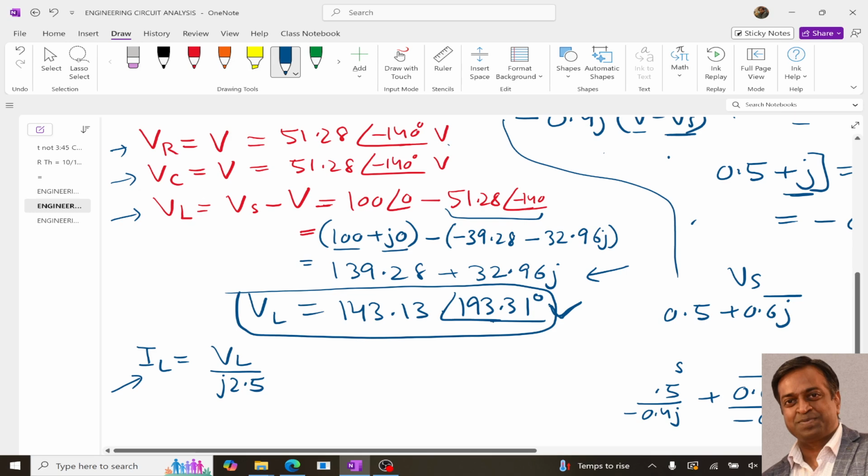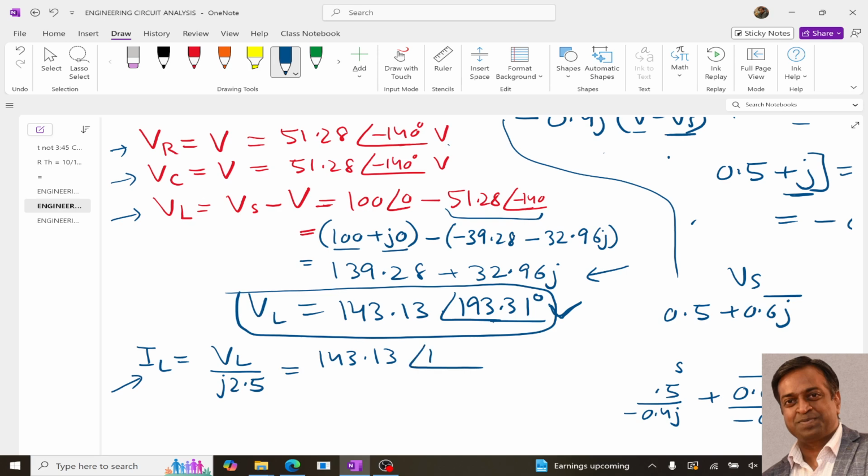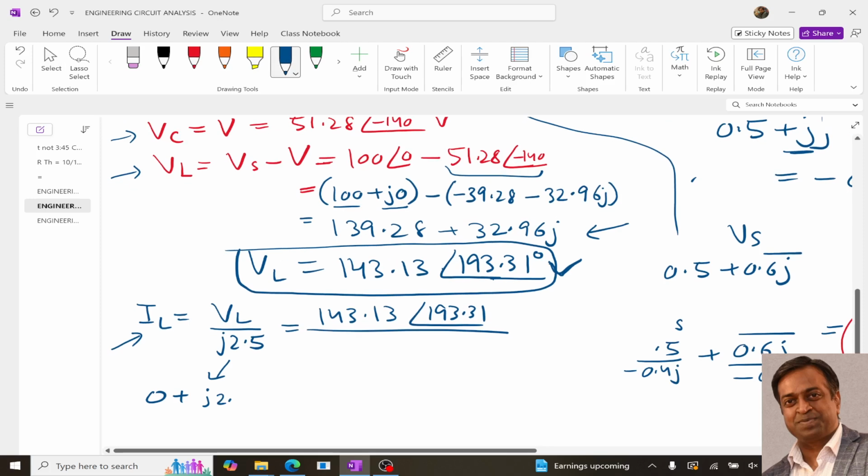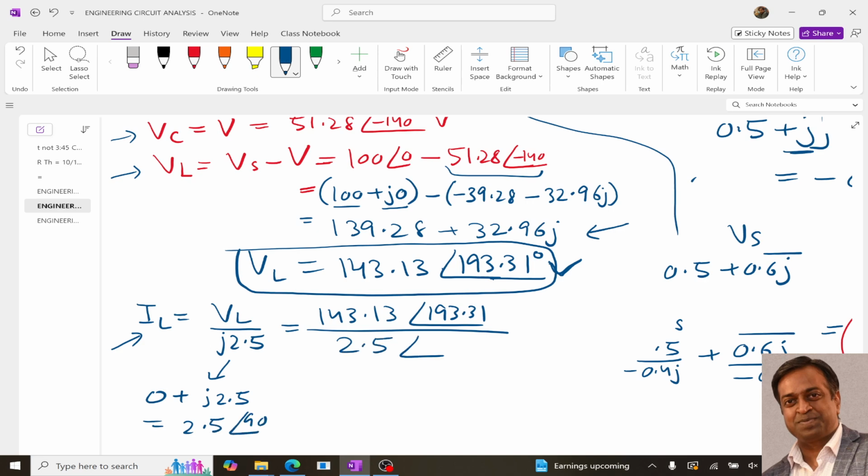Inductor current will be VL upon the impedance of the inductor. So 143.13 angle 193.31 divided by j2.5. j2.5 means 0 plus j2.5, so this will be 2.5, angle 90.